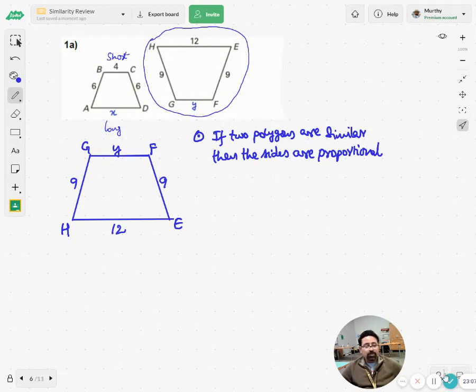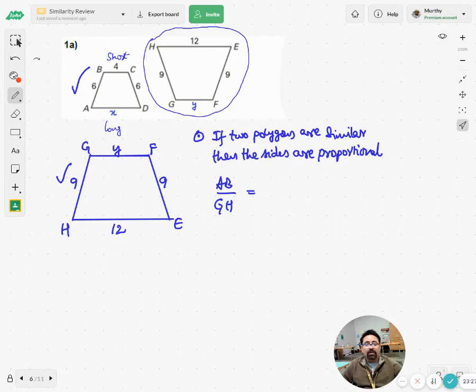Okay, so keeping this one in view, I'm writing that AB over GH equals the longest side, which is AD, and here HE.